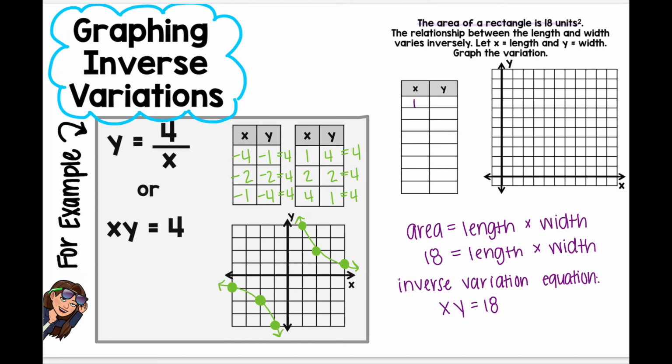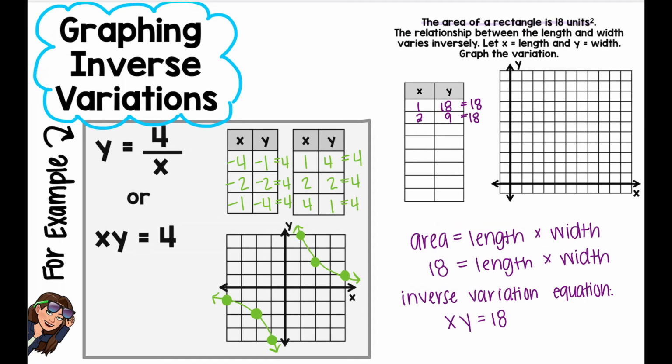Starting with 1, if x is 1, what would y have to be so that the product is 18? That would have to be 18. If x is 2, y would have to be 9. To pick more x values, all we have to do is simply think about what times what gives me 18. So the next value I could choose would be 3, since 3 times 6 is 18.